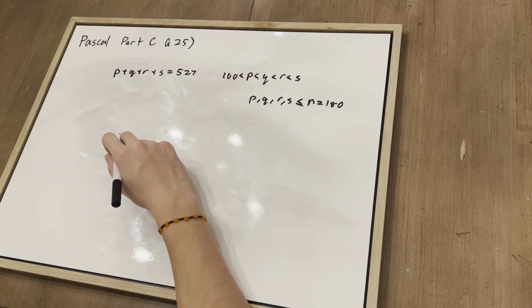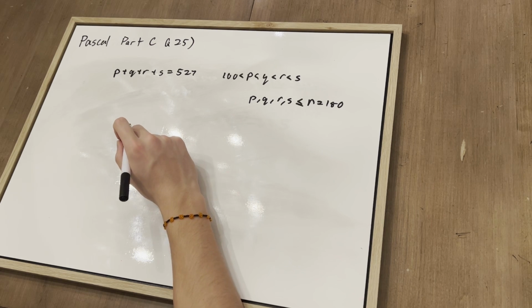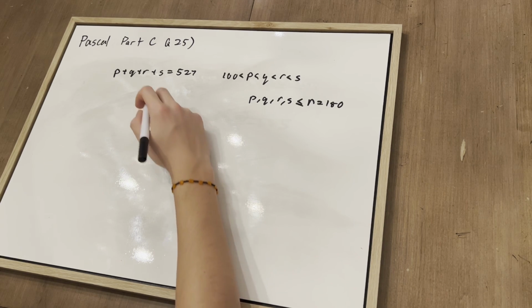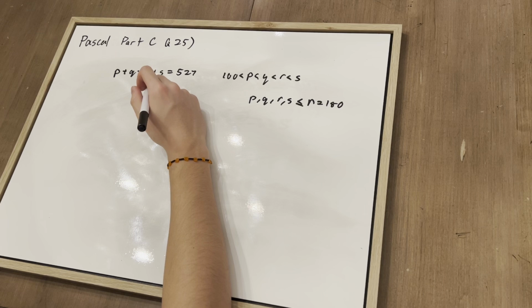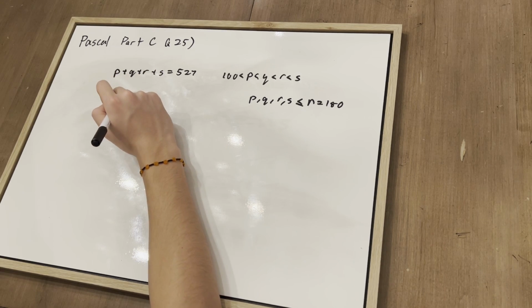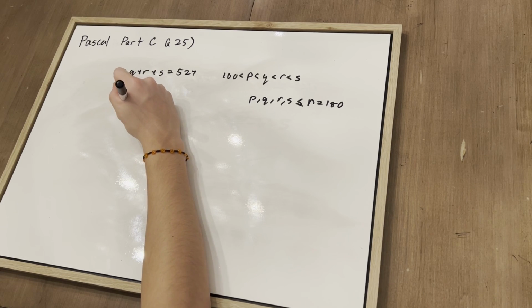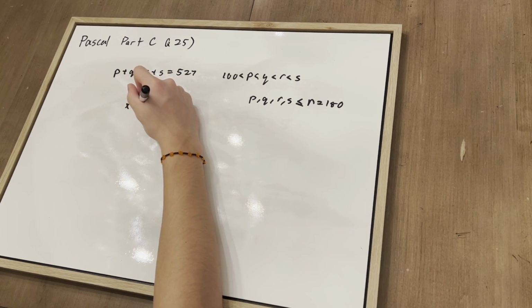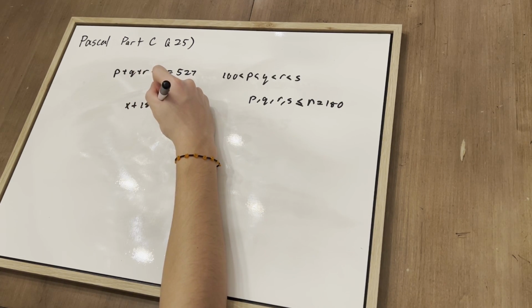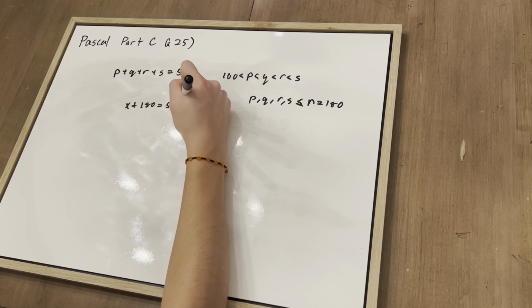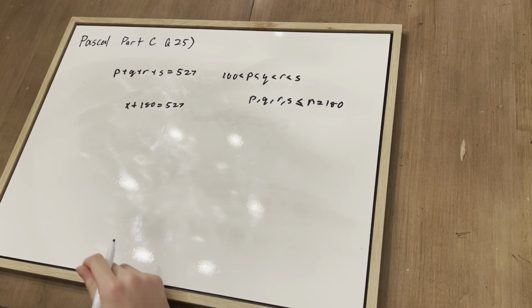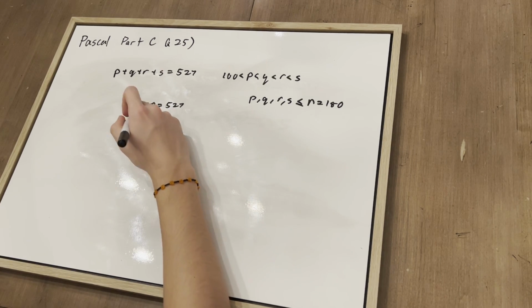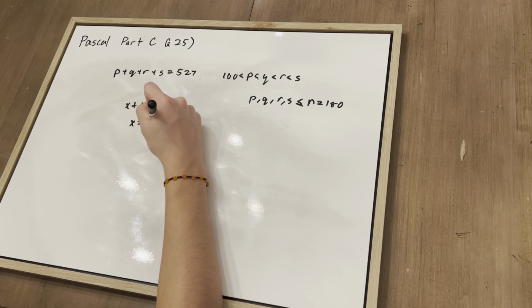To find the minimum value, we set the odd integer out as the largest possible value, which is 180. So the sum of the 3 consecutive integers, x, plus the odd integer out, 180, has to equal 527. Using basic arithmetic, we find that x equals 347.